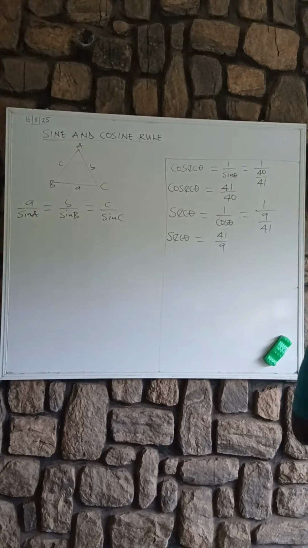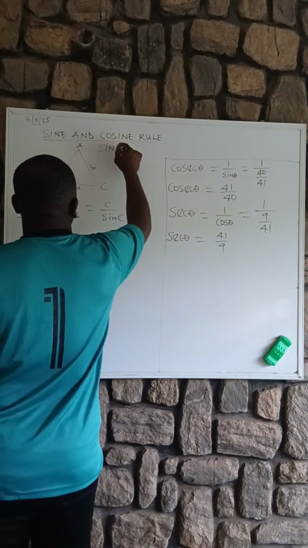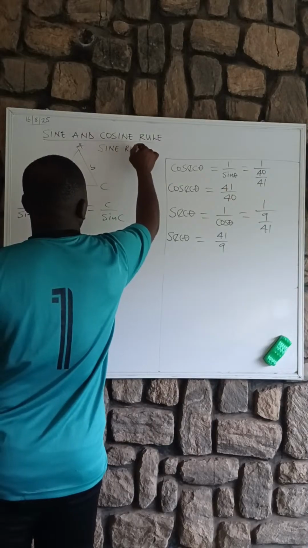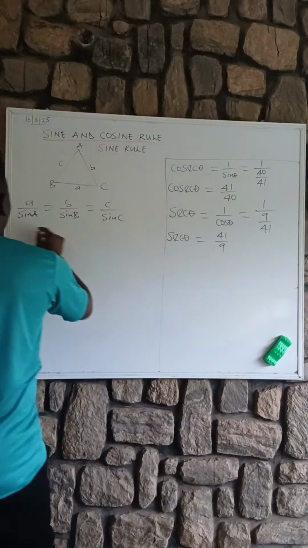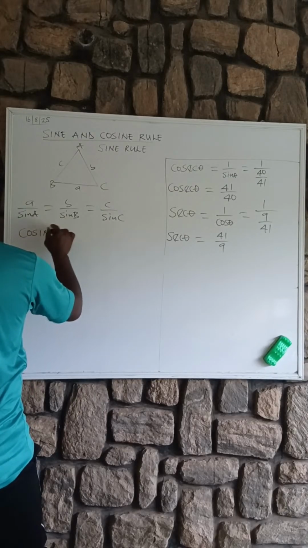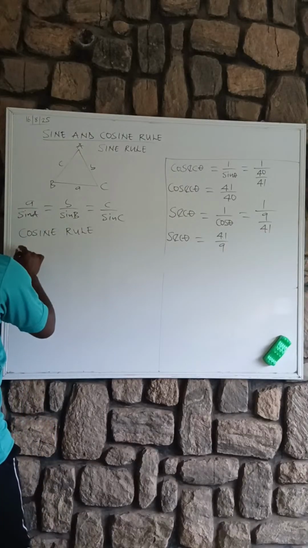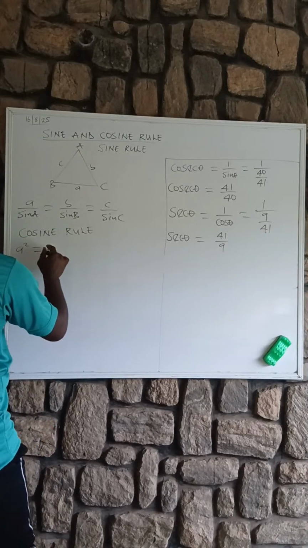This is sine rule. Then cosine rule. Cosine rule is, if we have a squared, this is equal to what?